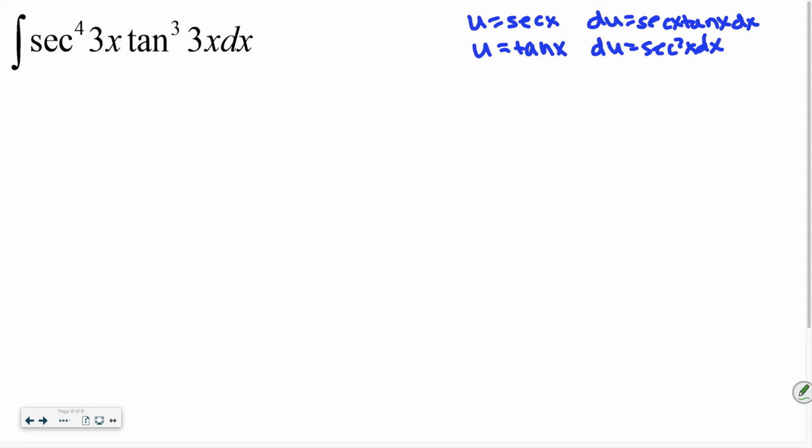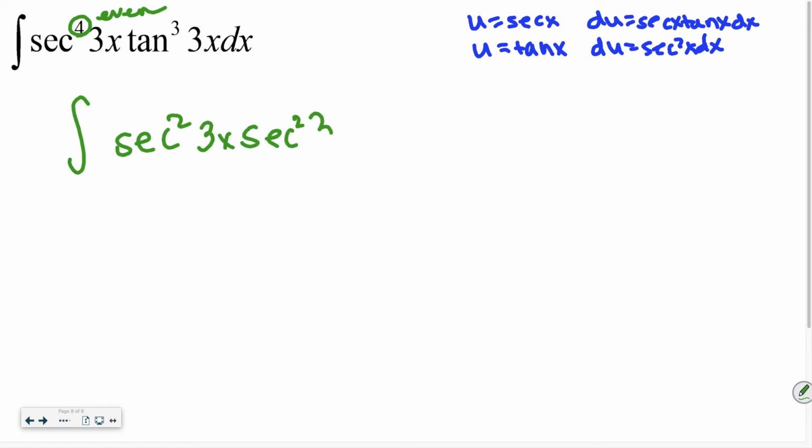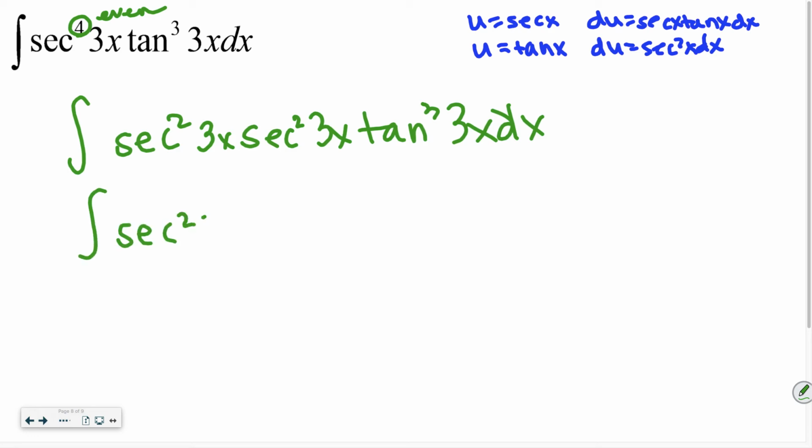Since we have an even power here, we can easily write this as secant squared times secant squared, and change one of the secant squareds to 1 plus tangent squared.